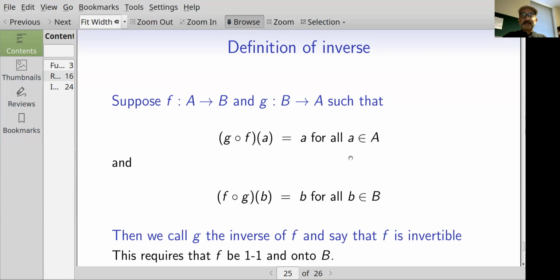An inverse of a function exists if and only if f is 1 to 1 and onto B.